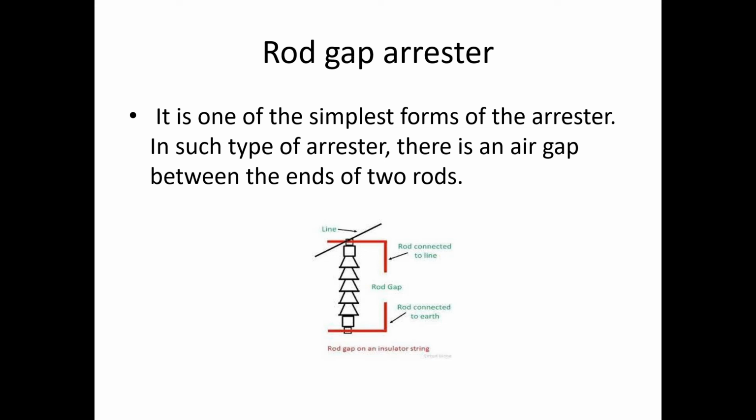Actually what happens is, when an over voltage hits the line or some other thing in the power system, the over voltage reaches the rods, which causes a flashover there. Due to the flashover, a spark or an arc is created between the two rods.